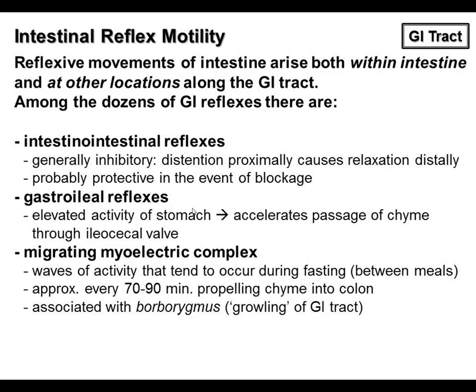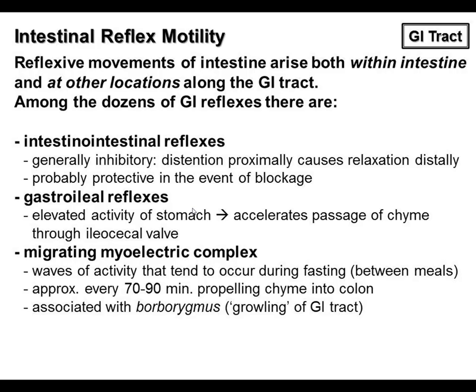The third reflex is controlled by the migrating myoelectric complex, and these are waves of activity that happen during fasting. Approximately every 70 minutes or so you will hear that your stomach is growling, and that will be propelling the chyme into the colon.